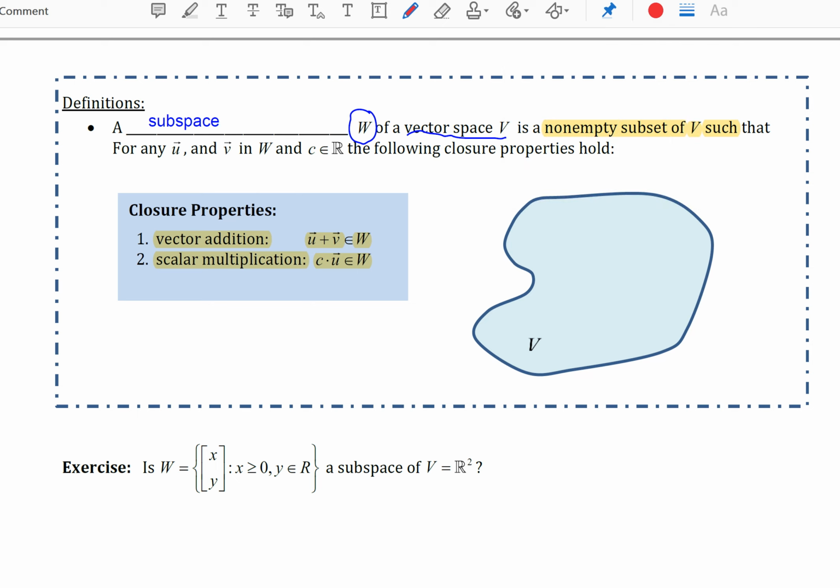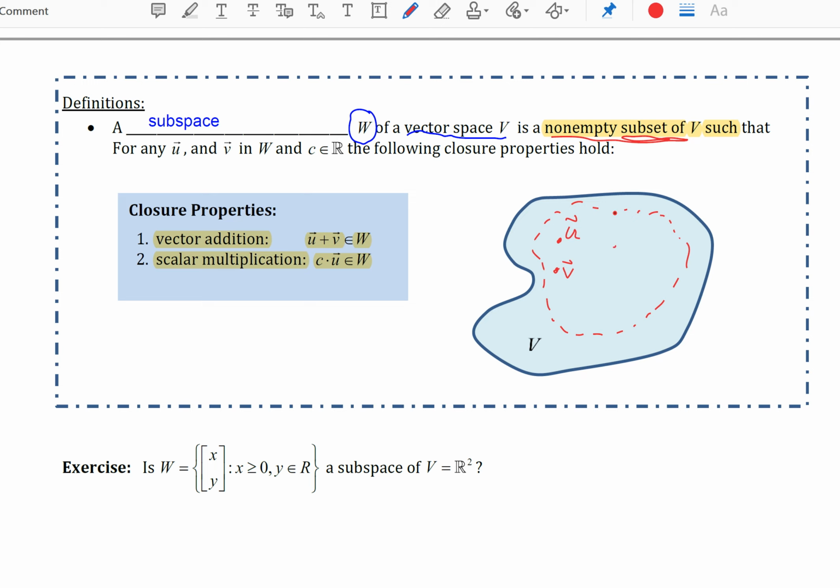Graphically, you'd like to visualize it like this. If you have some vector space V, then W is going to be a non-empty subset of V. So maybe W will look something like this. It's a subset, so it's contained within V. And it's not empty, so there has to be some other items in here. So here's maybe u, here's maybe v.